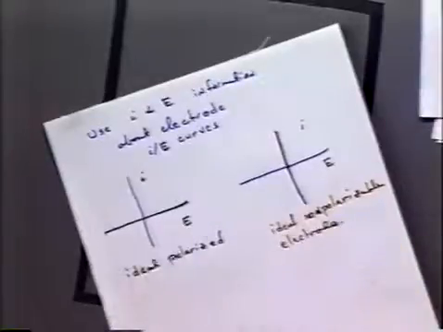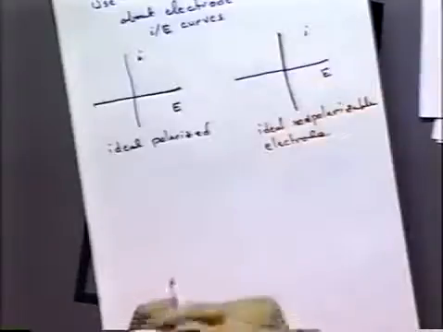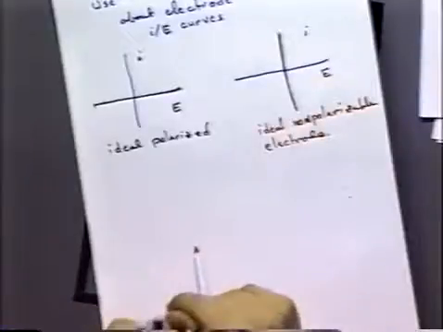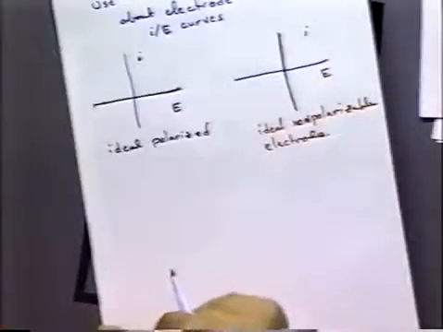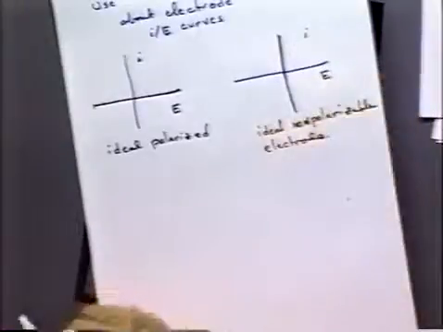So what does that tell you about the rate of the reaction? The ideal polarized electrode means that no matter what potential we apply to the system, we can't get any reaction to occur. So basically the rate of chemical reaction at that system is zero. No matter what we do, we can't get electron transfer to occur to cause chemical change.